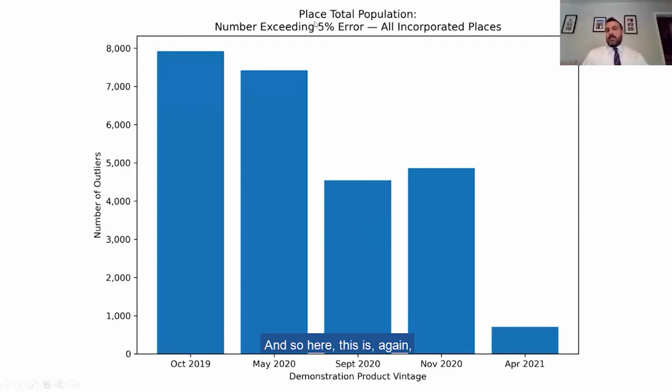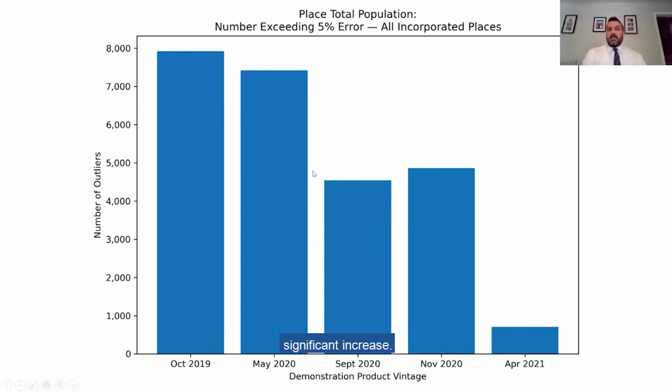And so here, this is, again, looking at incorporated places. We're looking at the number exceeding a 5 percentage point error for total population. And you can see that, in October, it was nearly 8,000 of the 19,000. So that's like 40% or so of the total number of incorporated places that had these very large errors of more than 5%. And now that number is about 700.